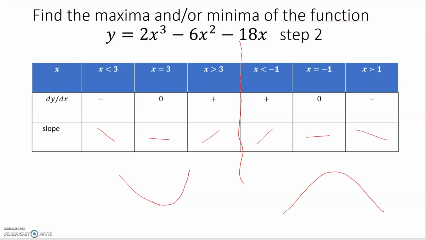Now, that tells us clearly that we have a minimum here, and it's a local minimum. Here we have a maximum, and it's a local maximum, or it might be called a relative maximum or a relative minimum.